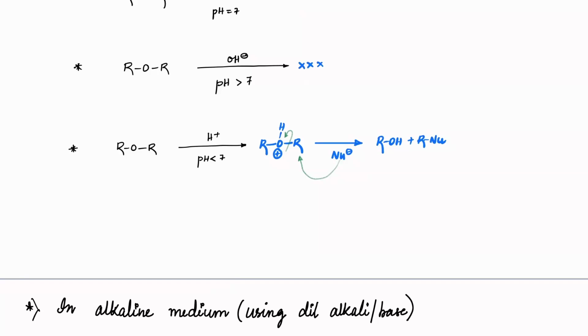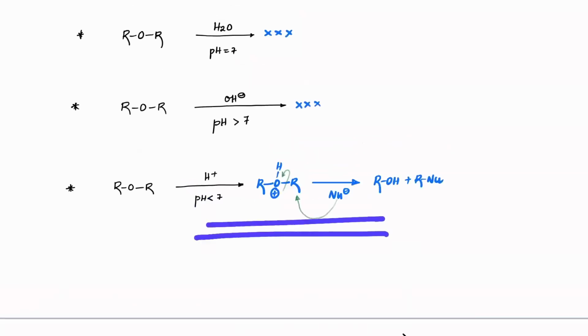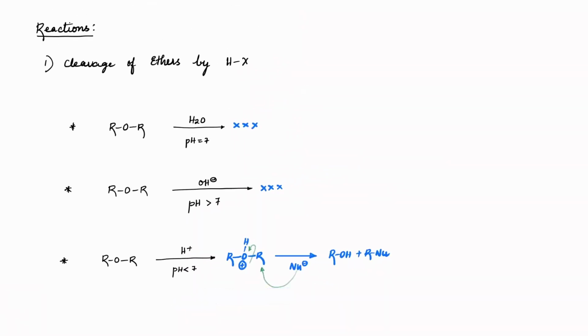Got it? So guys, I hope you understood. Ethers are pretty much unreactive as long as it is aqueous solution or basic medium. In fact, basic medium is the reason why we use all the solvents, that is CN minus, RO minus or RS minus, or NH3, ammonia or amines, halogens, X minus, or N3 minus.